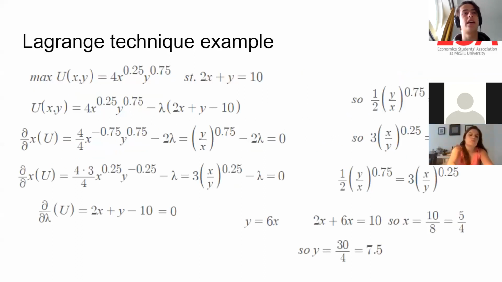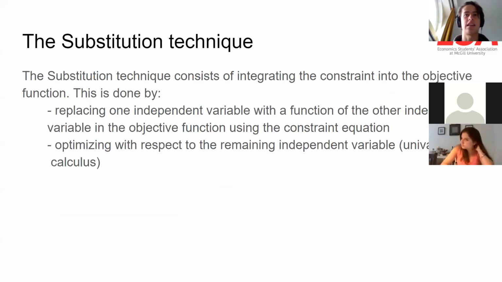What I would recommend is to try to get as used as possible to the Lagrangian technique, because it's very applicable even if you get to functions that have more independent variables than 2. If you get to 4D functions or functions with 3 independent variables, this technique is as useful, where the substitution technique might then become a bit more complicated.